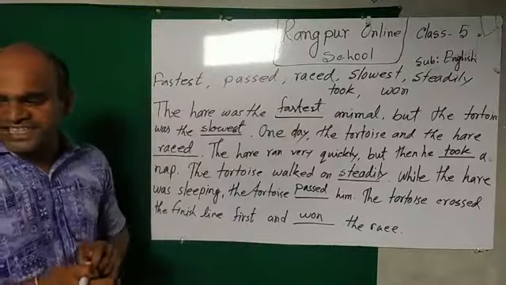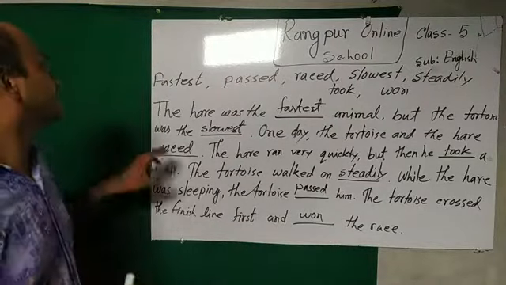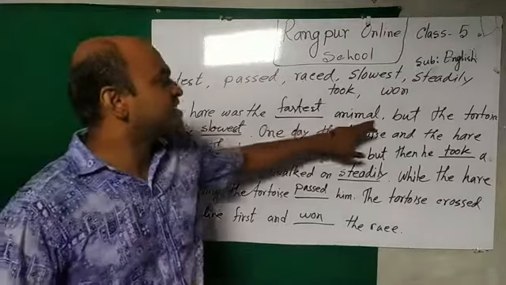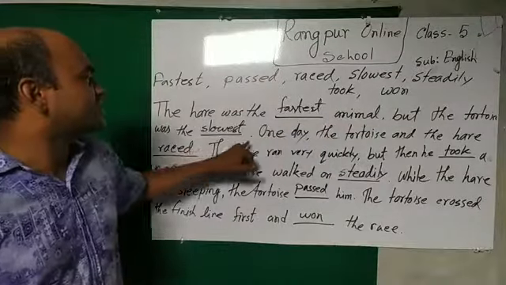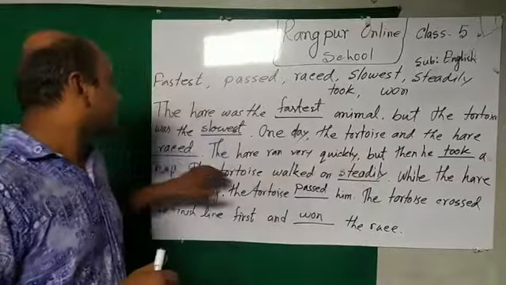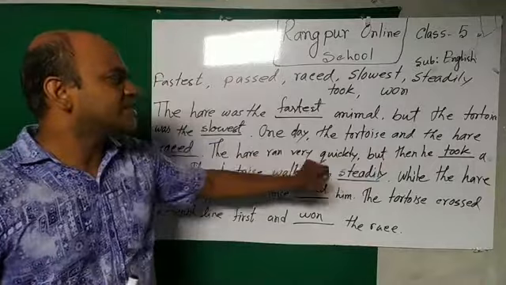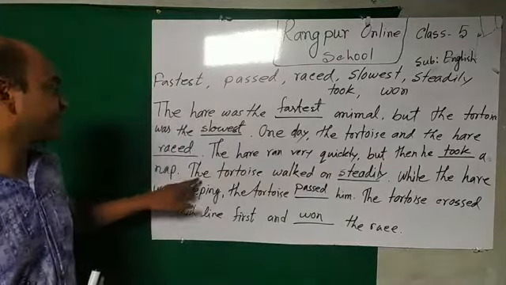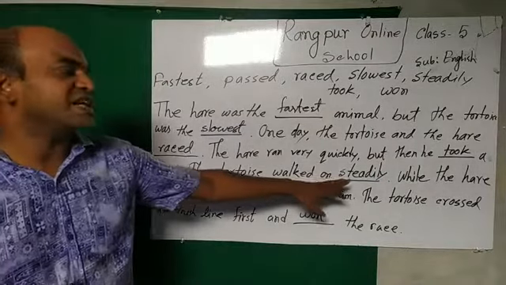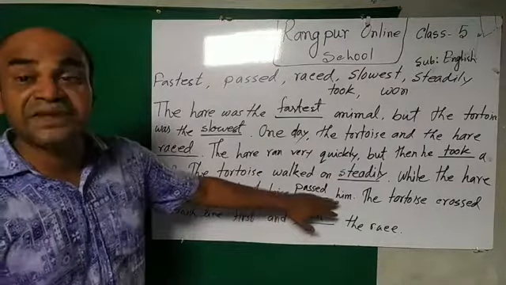Now read the text carefully. The hare was the fastest animal, but the tortoise was the slowest. One day the tortoise and the hare raced. The hare ran very quickly, but then he took a nap. The tortoise walked on steadily. While the hare was sleeping, the tortoise passed him.